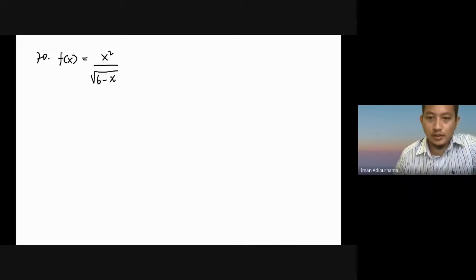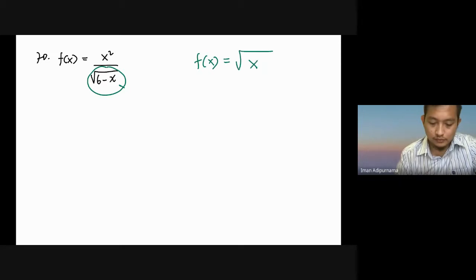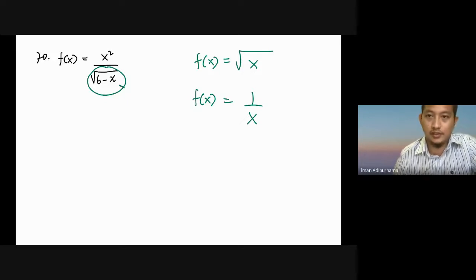So what's the solution for this? Look at the denominator here. We need to have 6 minus x. Okay, let me start with these two functions here. The first one is this. What will happen if we have this?